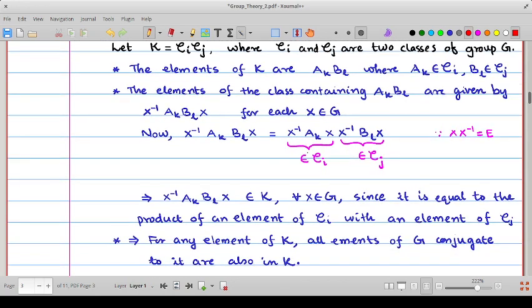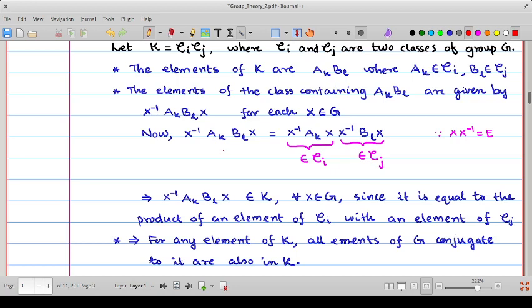Now we can first take the product X inverse AKX, then X inverse BLX, and then write this product as this product. But now we see that X inverse AKX is an element that is conjugate to AK. So therefore, it should be an element of the conjugacy class Ci, because AK is an element of Ci. And therefore, all elements that are conjugate to AK should also be in Ci. Therefore, X inverse AK X should be in Ci. And similarly, X inverse BL X should be in Cj because BL is an element of Cj.